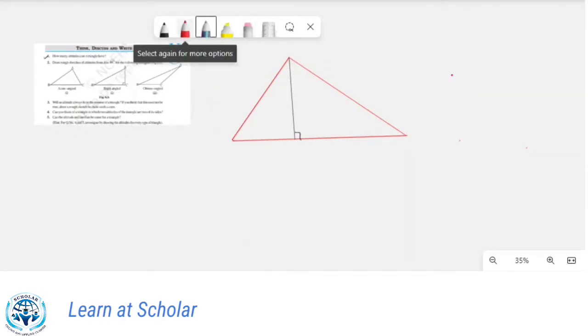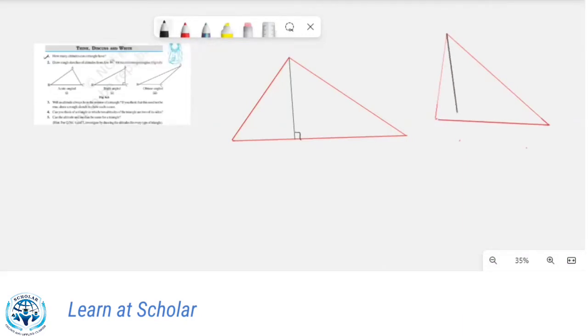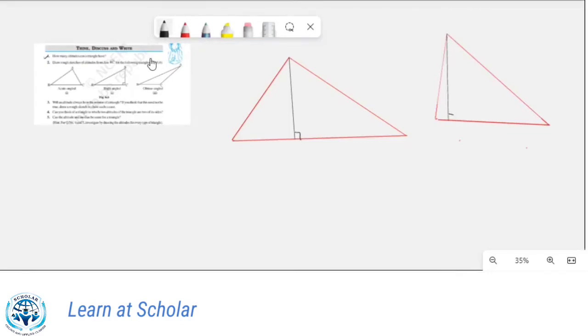So it is an altitude. So a line connecting the vertex to the opposite side and is perpendicular to the side is called the altitude. In this way, we can draw different types of triangles, and connecting the vertex and the opposite side, we can draw the altitudes.